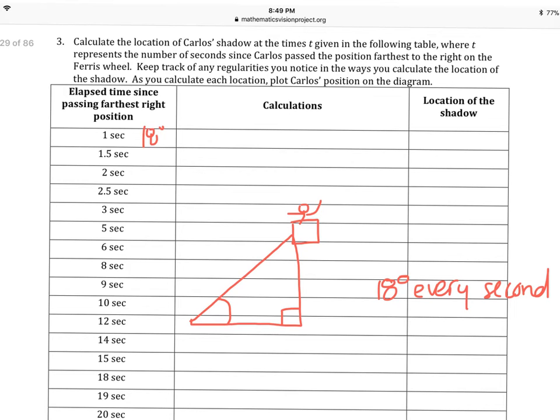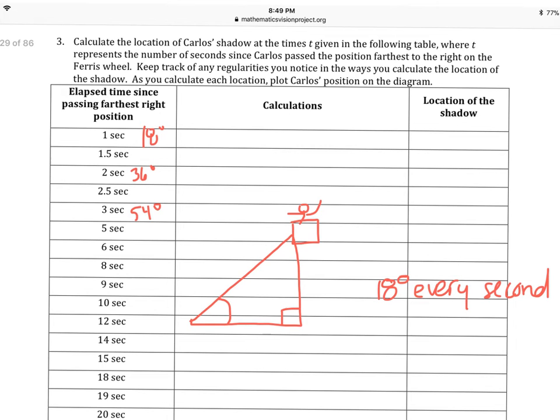After 2 seconds, how many degrees has he moved? 36 degrees. After 3 seconds, how many degrees has he moved? Some quick math, 54 degrees. I'm going to stop there, but you can continue that so you can figure out how many degrees he has moved, because we need to know the degrees. Why? Because we need this angle right here.